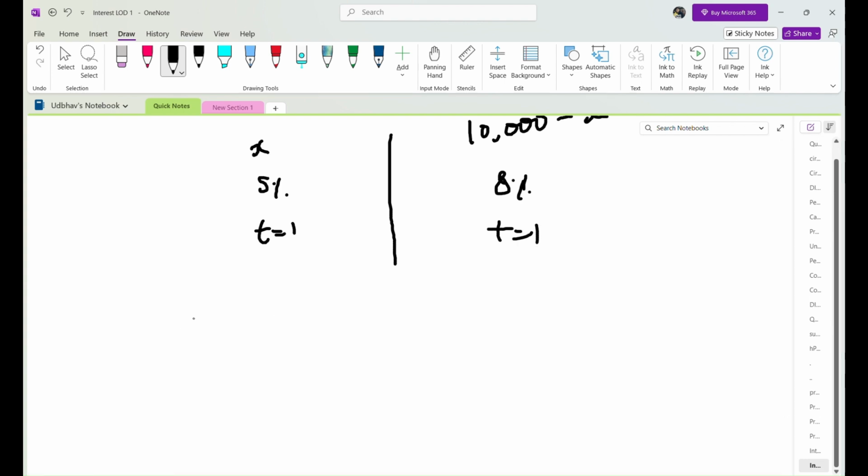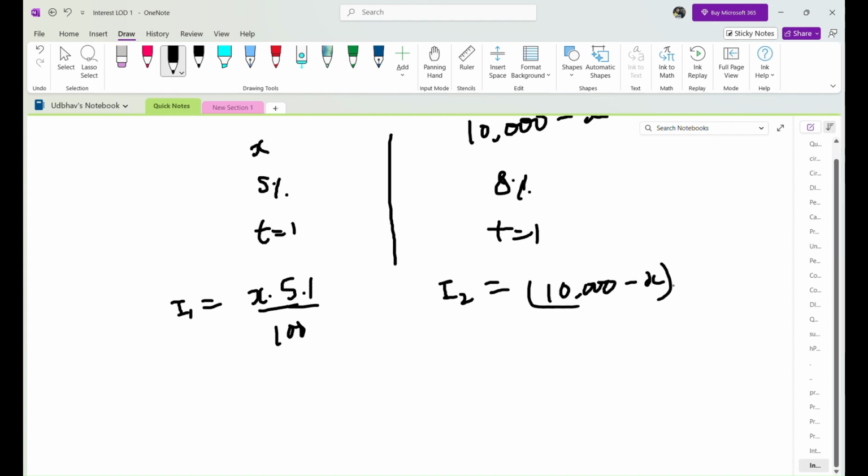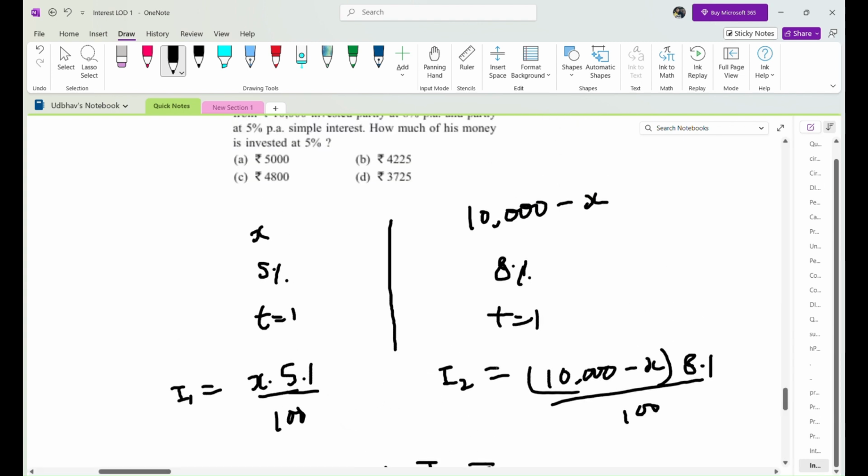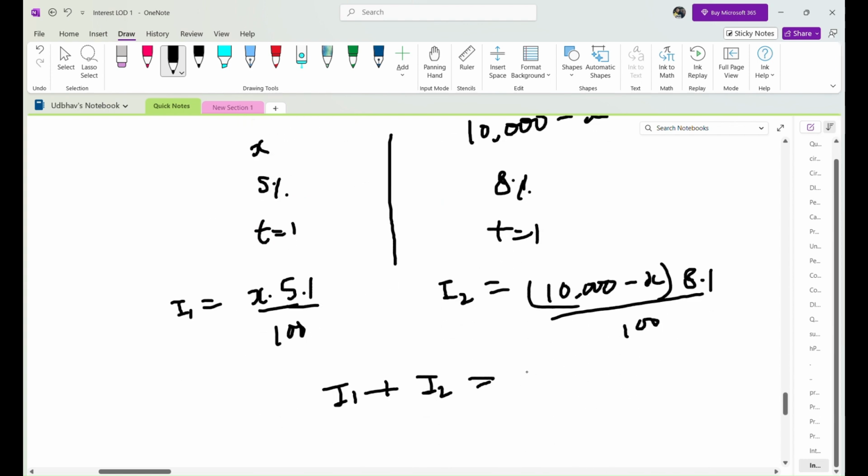It's exactly like the same question. So interest 1 equals x into 5 upon 100 and interest 2 equals 10,000 minus x into 8 into 1 upon 100. Interest 1 plus interest 2 equals 688.25.